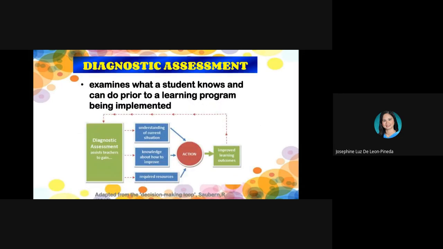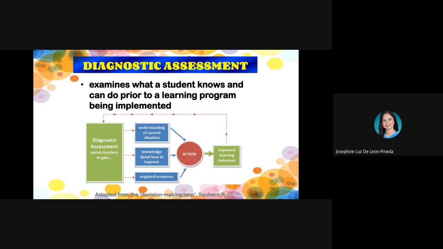Next is diagnostic assessment. When we talk about diagnostic assessment, we are referring to the assessment that examines what the students know and can do prior to a learning program being implemented. So diagnostic assessment assists teachers to gain the following: understanding of the current situation, the knowledge about how to improve, and the required resources in your instruction.